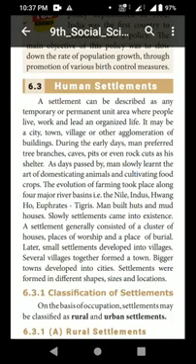A settlement generally consisted of a cluster of houses, places of worship, and a place of burial also. Later, small settlements developed into villages. Several villages together formed a town. Next, bigger towns developed into cities. So, settlements are formed in different shapes, sizes, and locations.